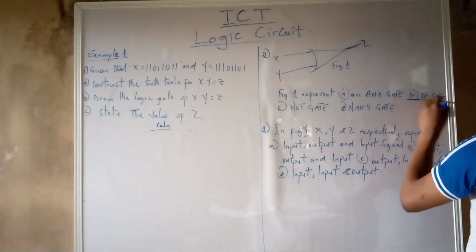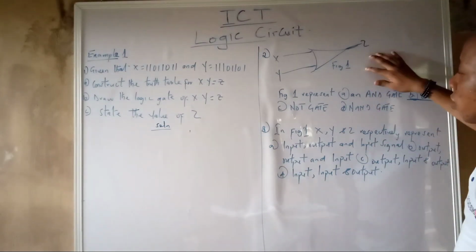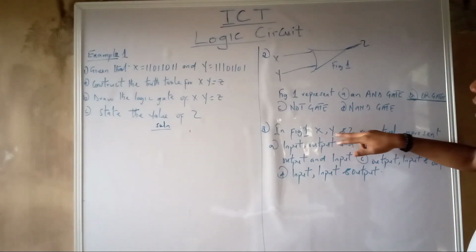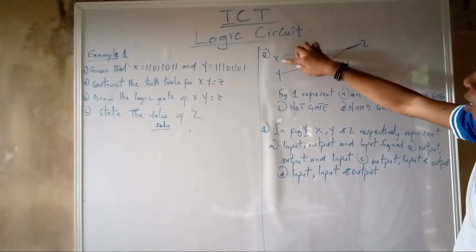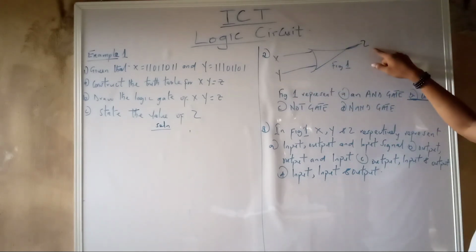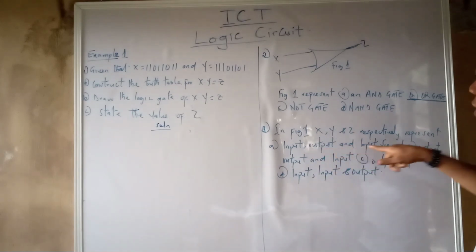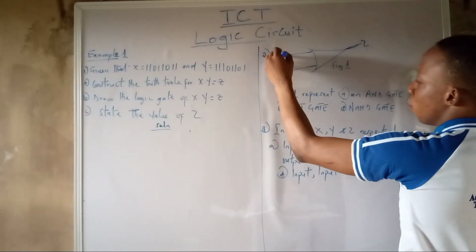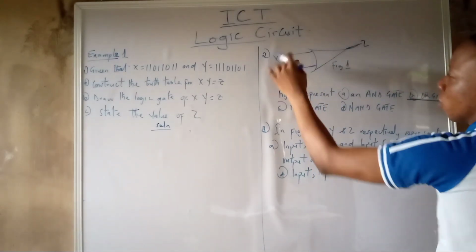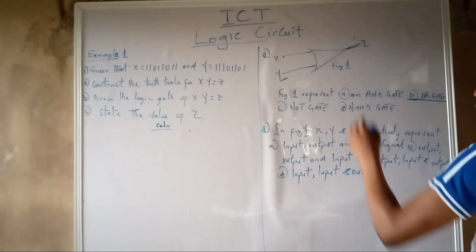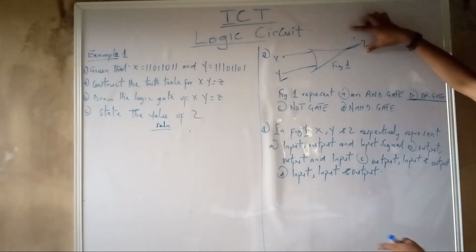OR gate. Question number 2 says that in this figure 1, X, Y, and Z respectively represent what? This is your X, this is your Y, and this is your Z. Is it A, input, output, and input? B, output and input?